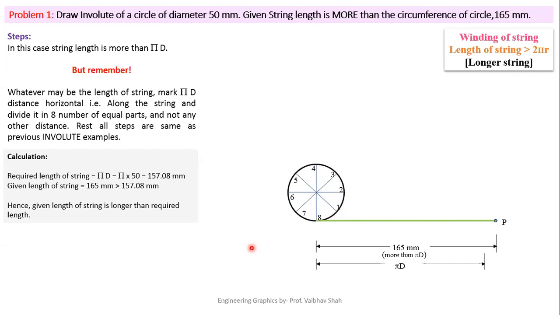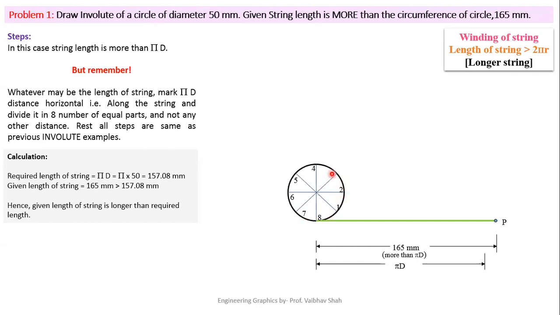Now after that, let us divide this line into 8 equal parts. Once again, there would be confusion. You will ask, sir, which line we have to divide into 8 equal parts, 165 mm or pi d? So always remember, we are dealing with the circumference of the circle in each case.